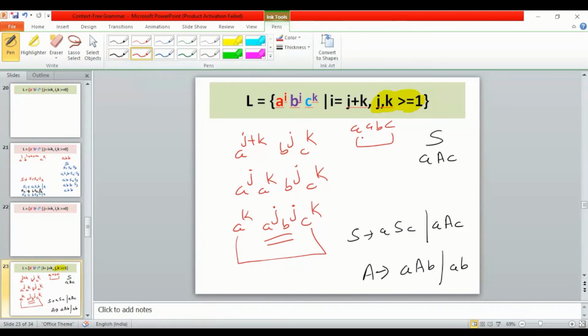So we have small a, then we'll replace capital A with AB, and we'll put C. So we are getting the string AABC. So you can see that if we want one occurrence of A and C, we'll replace S directly with small a, capital A, small c.